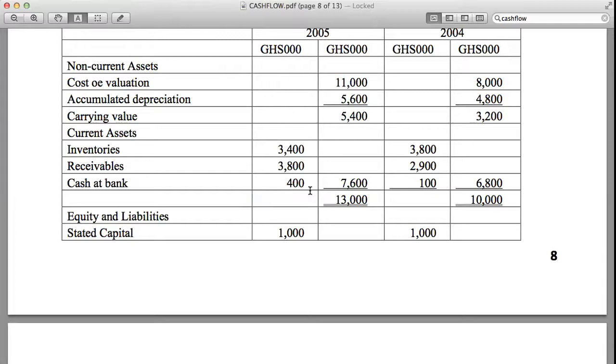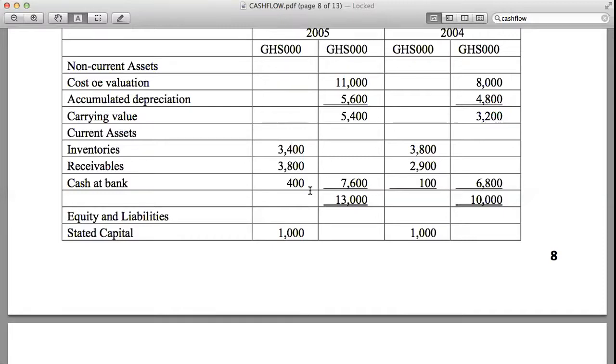How on earth can you sell part of your asset and still it's going up? It means that during the year they purchased some. So you have to find the balance to know the assets that were purchased. We have a nice working that we are going to do. On a face like that, there are a lot of items that we have to affect. So you are going to do those workings.